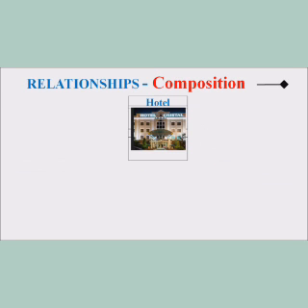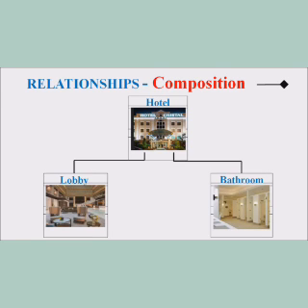The next relationship is the composition. A composition is represented by a closed or shaded diamond. So let us consider another example. Here we are considering a class called hotel, and we are representing two other classes called lobby and bathroom.